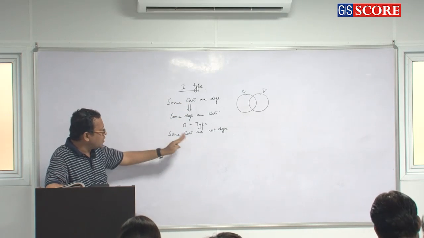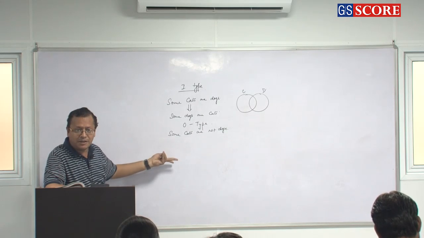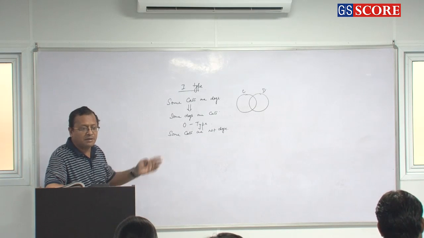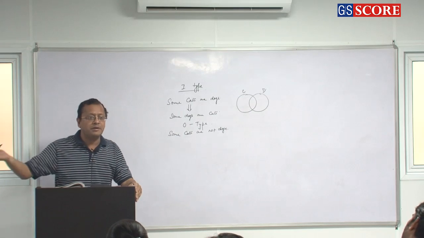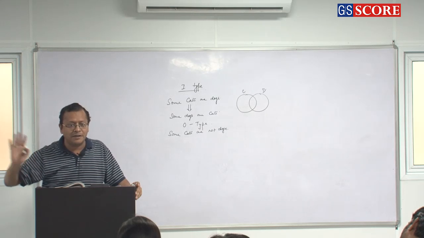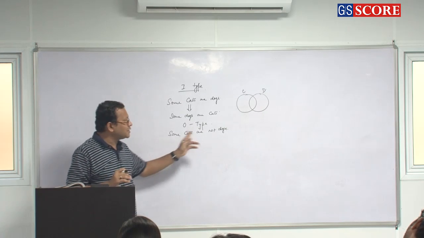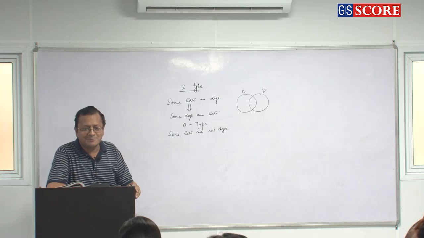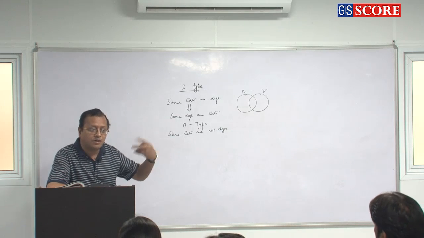Some cats are not dogs does not mean that some dogs are not cats. If some cats are not dogs, the other part of some cats might be lions, might be tigers. So you cannot say some cats are not dogs and some cats are dogs. The vice versa will not follow.